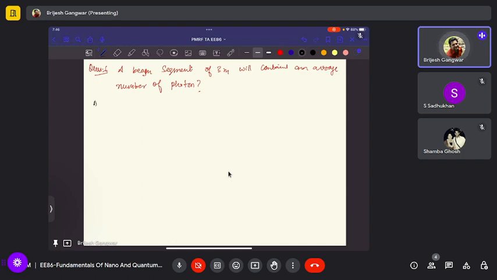The options are 312.5, 3.125 into 10 to the power 9, 3.125 into 10 to the power minus 8, D is 2 into 10 to the power minus 9, E is 2 into 10 to the power 9. What will be the answer?